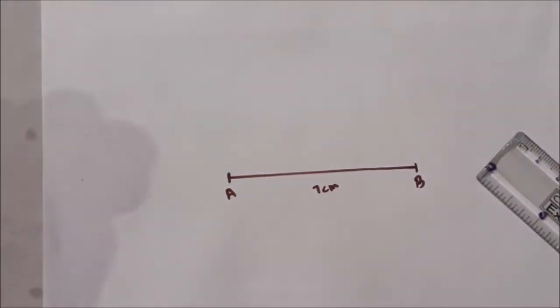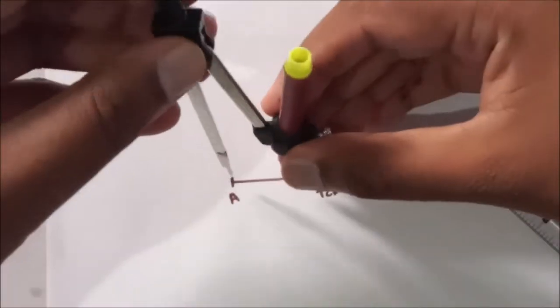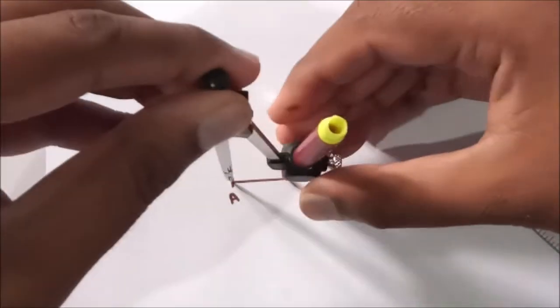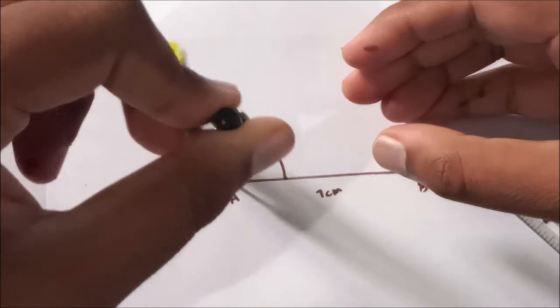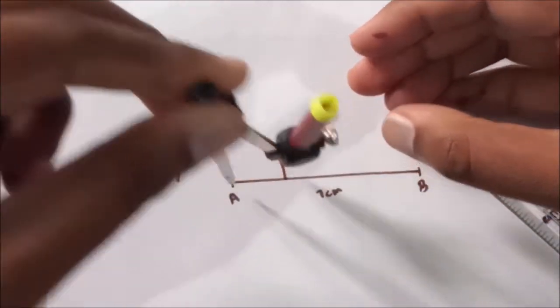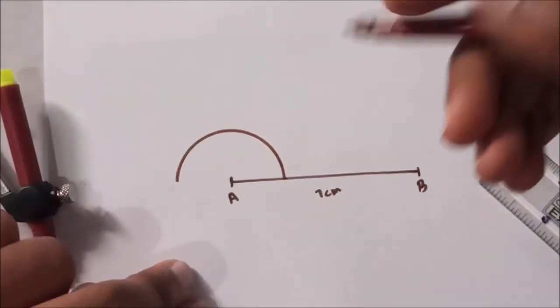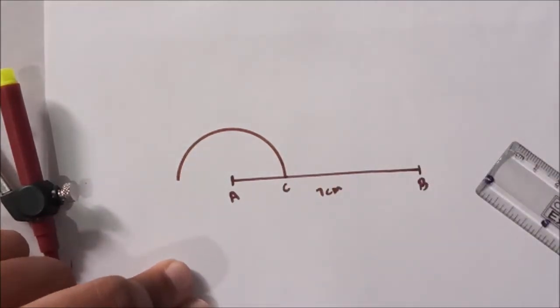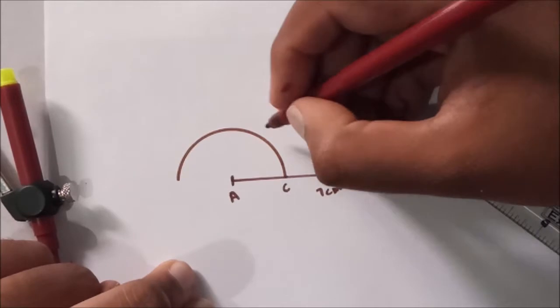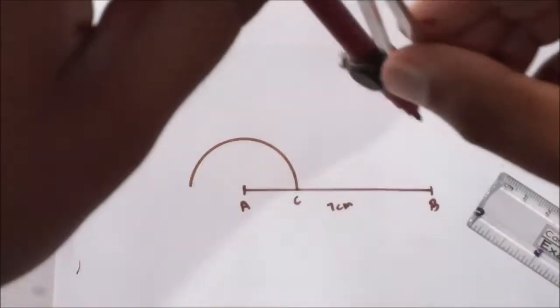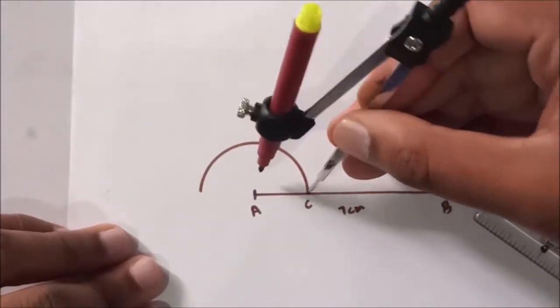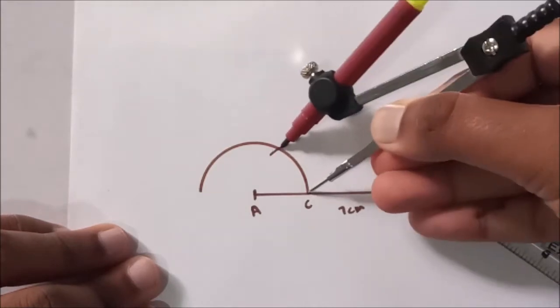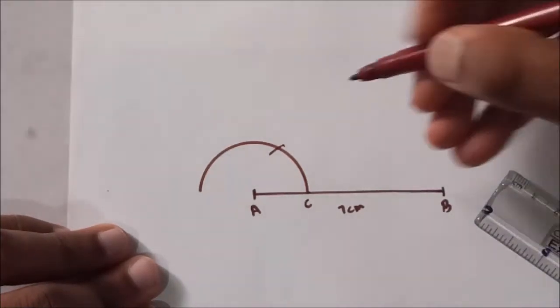Now the same thing, an arc from A, as it is, and this point over here is C. Okay, I'm going to construct 30 degrees. From C, cut an arc and mark it as D.